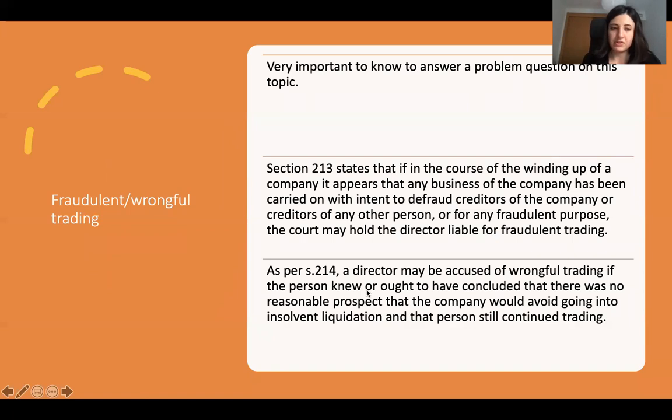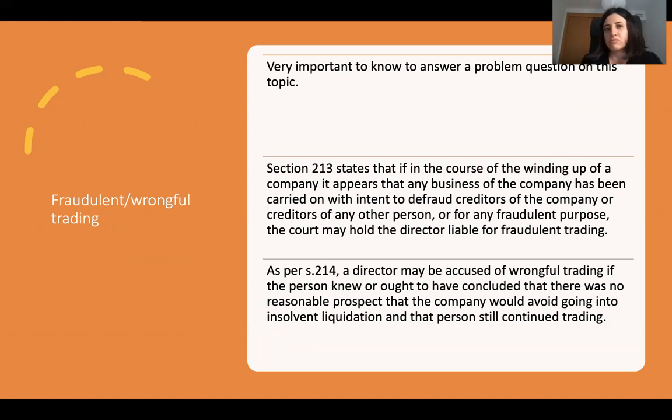Very important to know about this topic is what is fraudulent and wrongful trading, and know the case law around these topics. So if the business is going wrong and if there is no way to pay the debts, yes, the company goes into insolvency. However, sometimes directors may be held liable for it in case where the court sees that the director acted unconscionably, acted fraudulently, wrongfully.